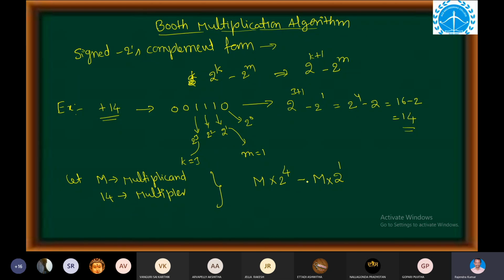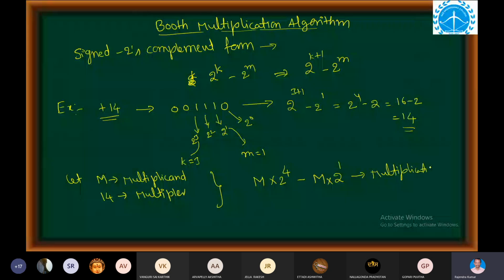So 14 is the multiplier and m is the multiplicand. If you perform this operation, we will get the multiplication.